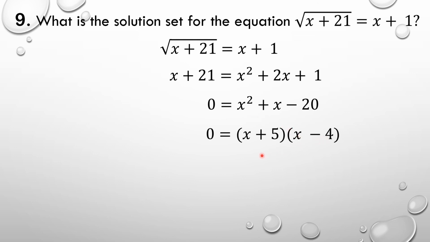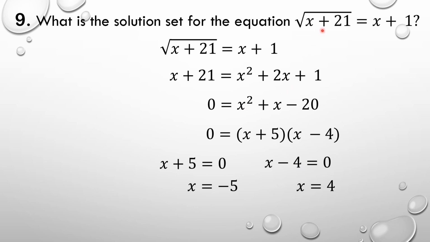Using the zero factor law, we equate both factors to 0, and we will have x plus 5 equals 0 and x minus 4 equals 0. In the first factor, subtracting 5 from both sides, we have x equals negative 5. On the other factor, add 4 to both sides, then x is equal to 4. So the solution to the quadratic equation is x equals negative 5 or x equals 4.